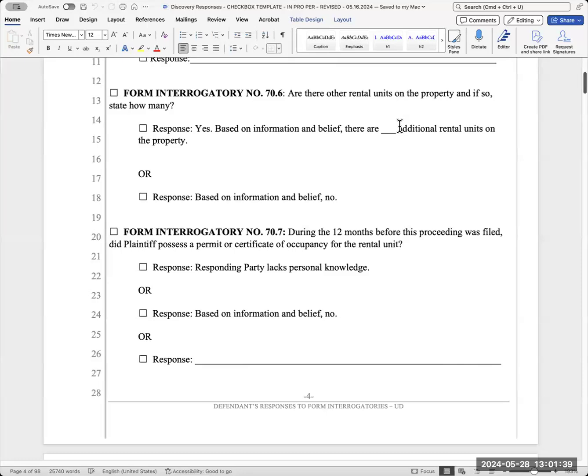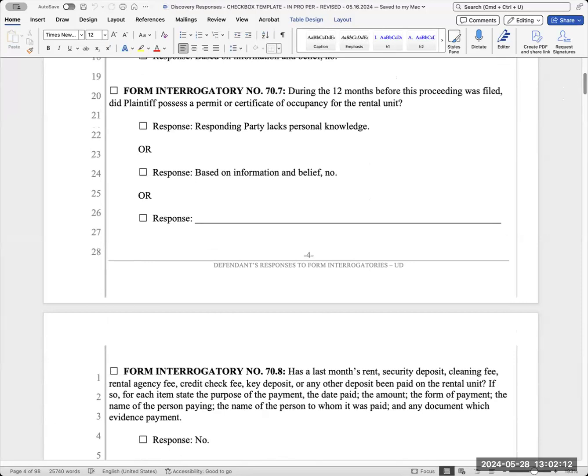And also it'll tell you the year the property was built, how many units are on the lot. And this question is specifically asking how many additional units in addition to yours. So if there were 100 units total, and there's 99 additional, 99 would be the number you put here, and you would check this response. If there are no other rental units on the property, you would check here.